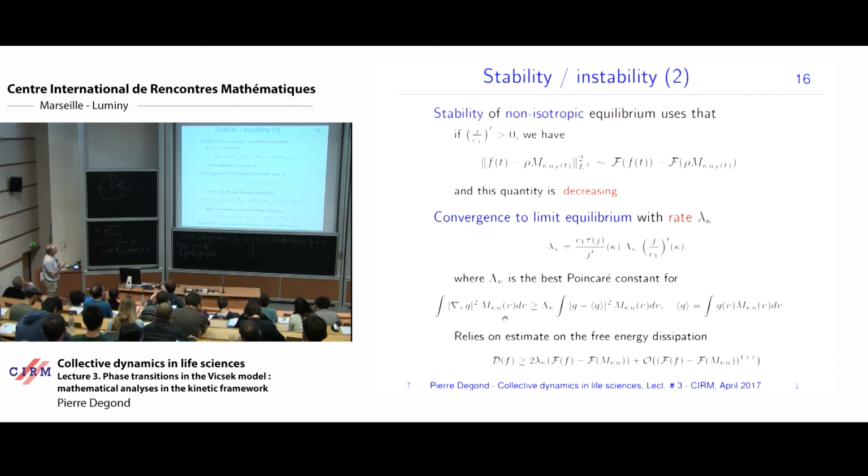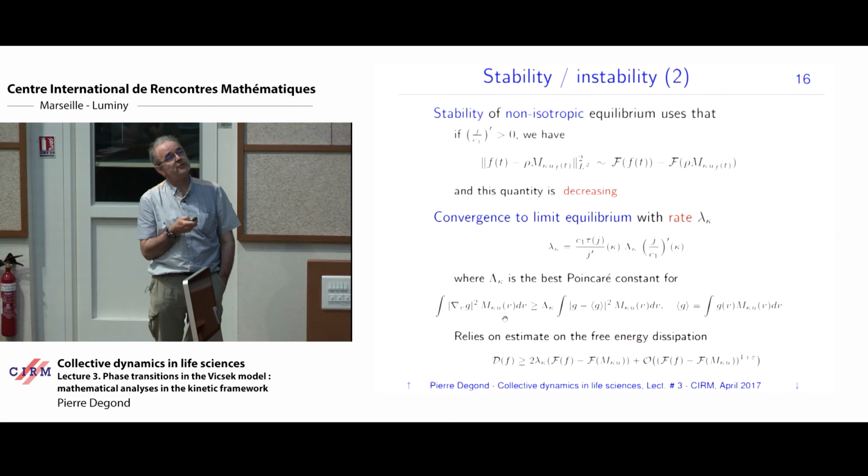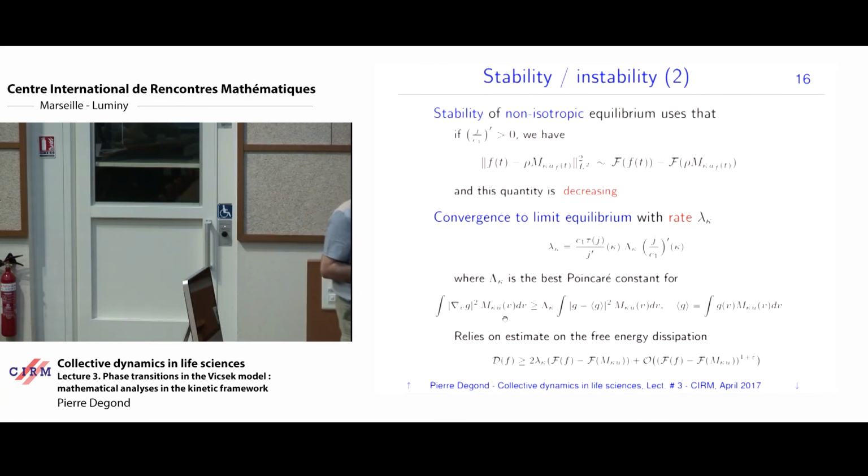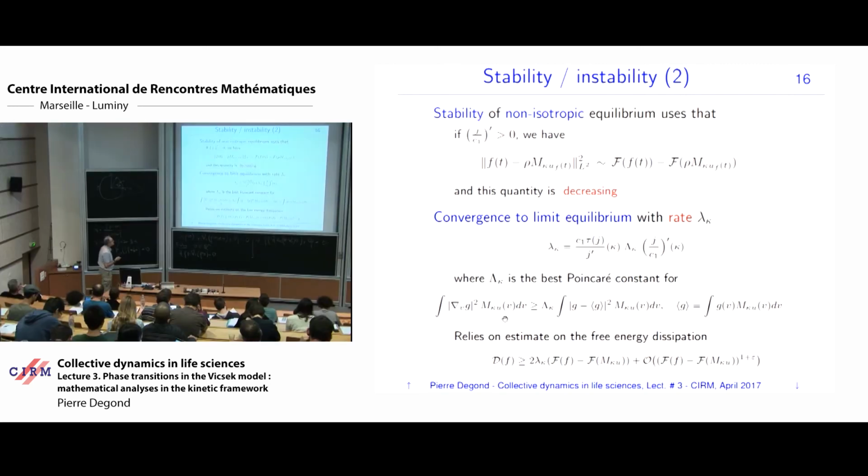But when you succeed in that, then you also get a rate of convergence of the solution to the equilibrium, and that's given by a certain expression which involves a Poincaré constant for a weighted Poincaré inequality, where the weight is this von Mises. So it's a little bit like the Gross inequality with Gaussians, right? So you get a spectral gap.